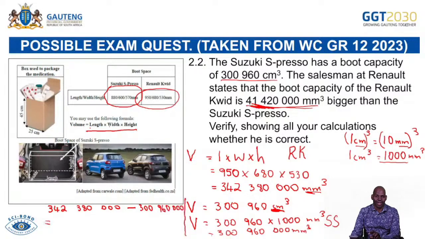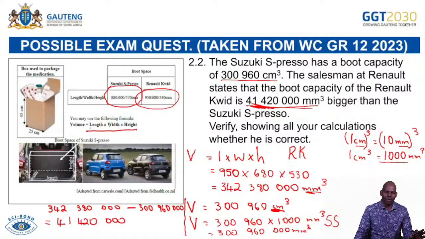The answer that I'm getting is 41,420,000. You need to be very careful, boys and girls, because here we are working with very, very big numbers. It's not that easy.